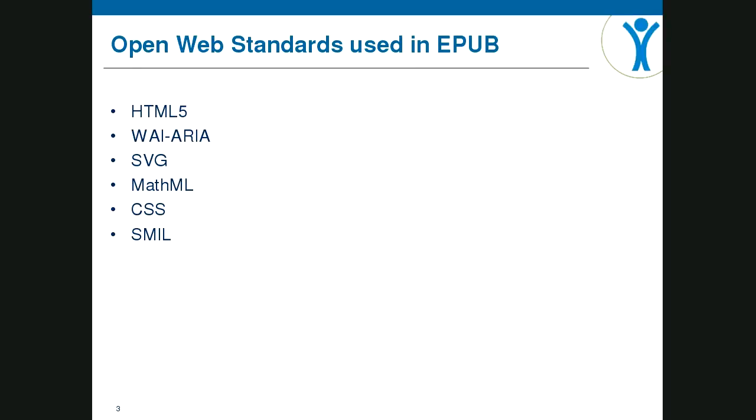So ARIA is a very important part of the work we're doing as well, and we are looking at how we can add more semantics using the ARIA attribute. Synchronized Multimedia markup language is also used in EPUB, and that's the feature that allows text and audio synchronization.